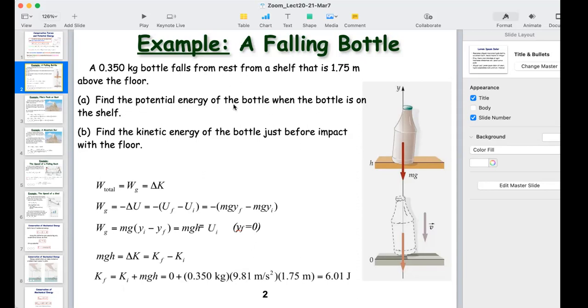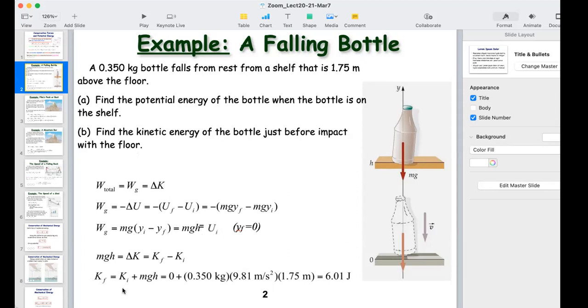Okay, so the potential energy of the bottle when it is on the shelf is this one, mgh, and we don't do the calculation, but we know m, we know g, and we know h is 1.75 meters. And the kinetic energy of the bottle just before impact with the floor is this one, K final, which is equal to K initial plus mgh.